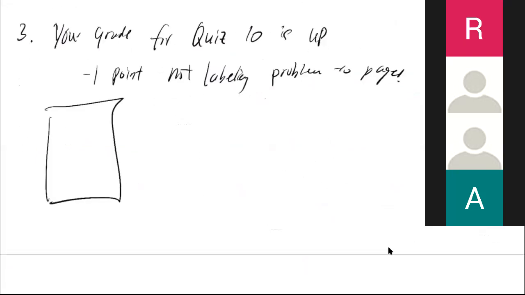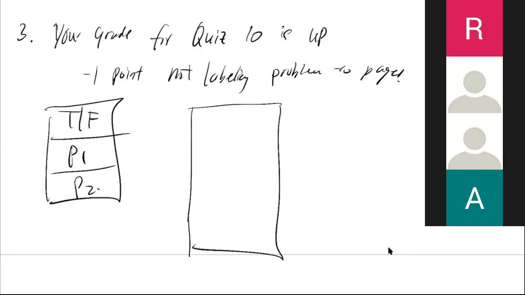On the left-hand side, you will have true and false, problem 1 and problem 2. If you write it on just one page, so for example, this is your true and false, this is problem 1, this is problem 2, you first click true and false and click this page. Then you click problem 1 and click this page again. Then you click problem 2 and click this page again. So this is not a one-to-one bijection function. You can assign multiple values to one page.